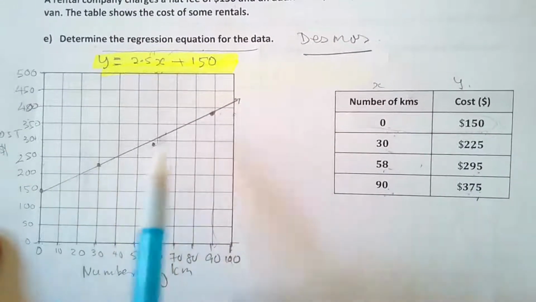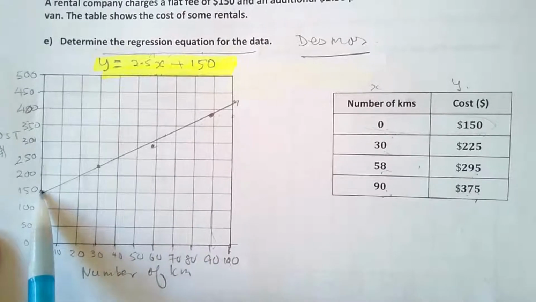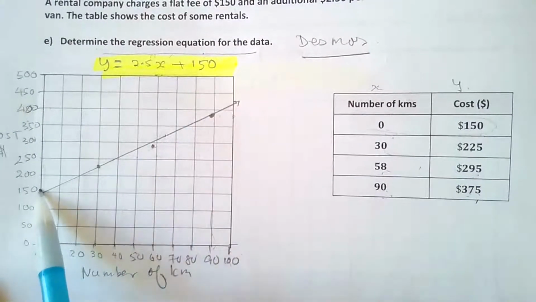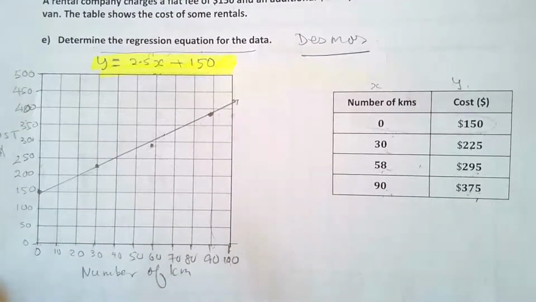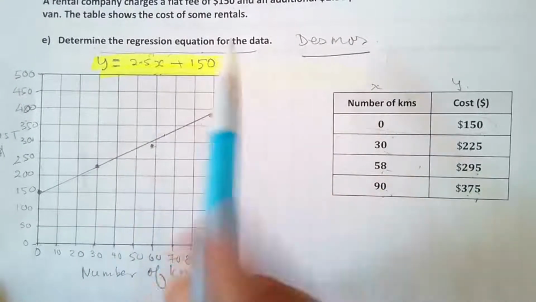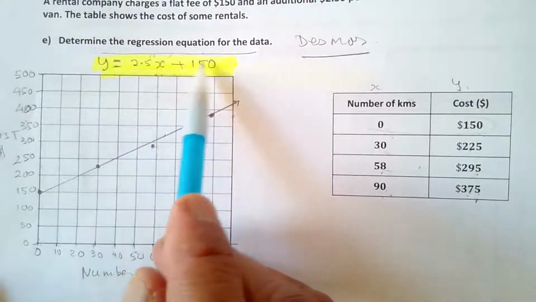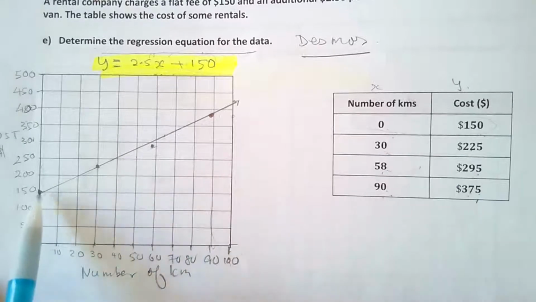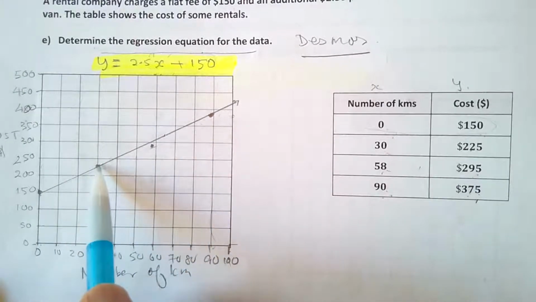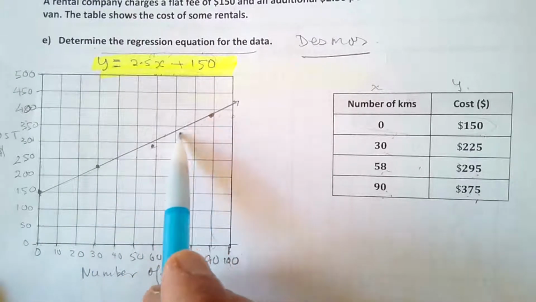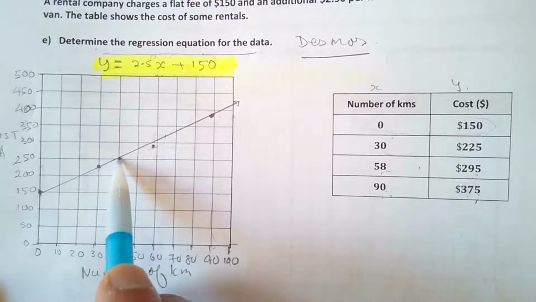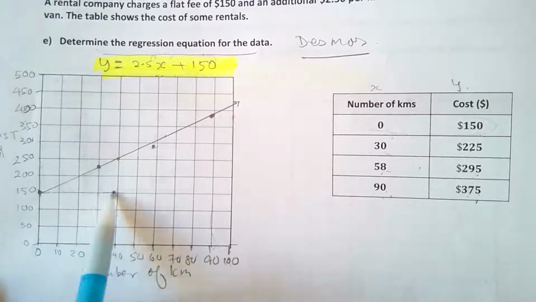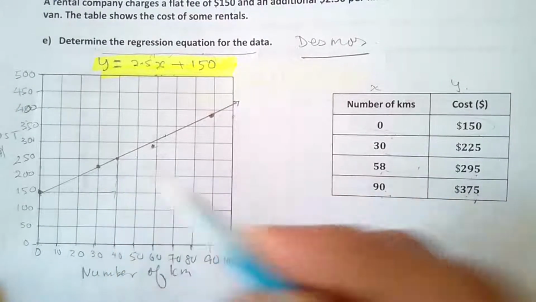If we were to construct it, we pick 2 points. The y-intercept here is 150, so it crosses the y-axis at 150. So y equals mx plus b, and your intercept is 150. For the slope, you find 2 points that you can read off, approximately here and here, and you construct the right triangle.